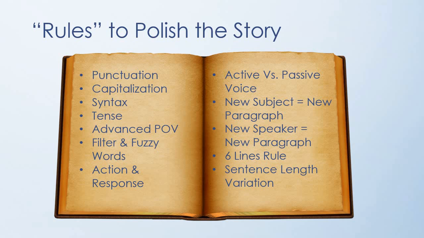The 6 lines rule. Okay, so this is not necessarily Hemingway, but this is a good way to think about breaking up your paragraphs. I do this on 8.5 by 11, with 1-inch margins.